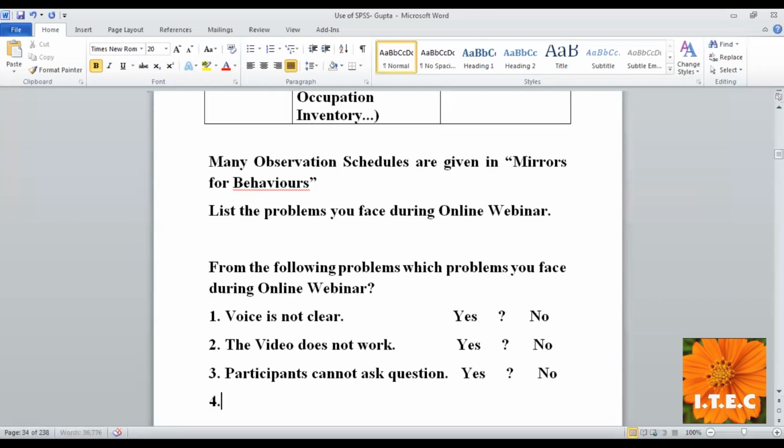Like this, you can write as many statements as you like. And then this is called closed.